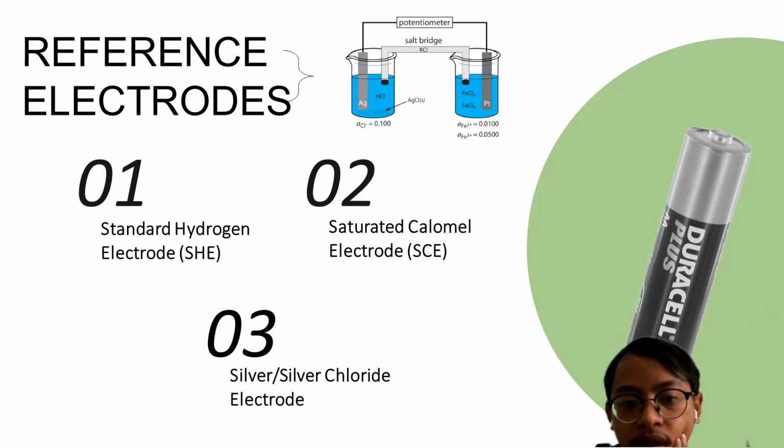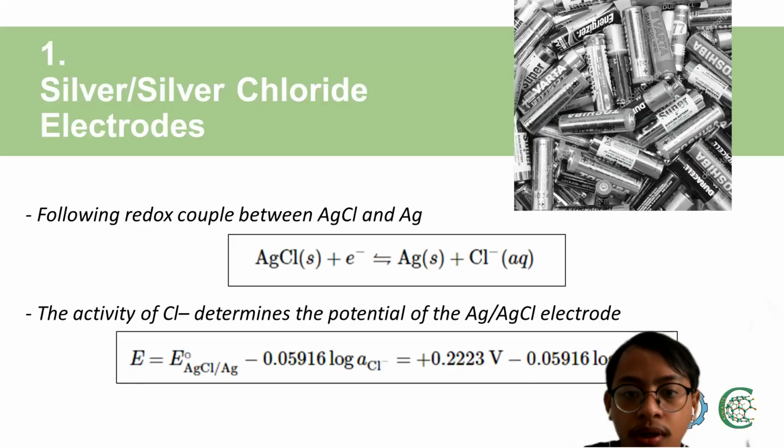So we rarely use the SHE. In this session, it's all about the SCE and the silver chloride electrode. The first one is the silver chloride electrode.